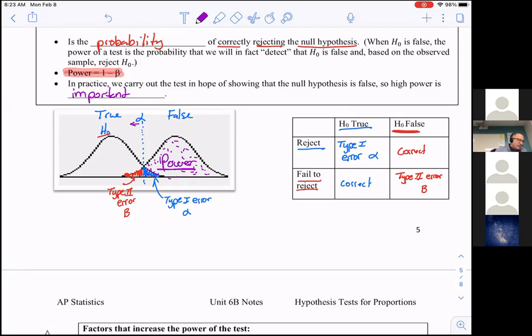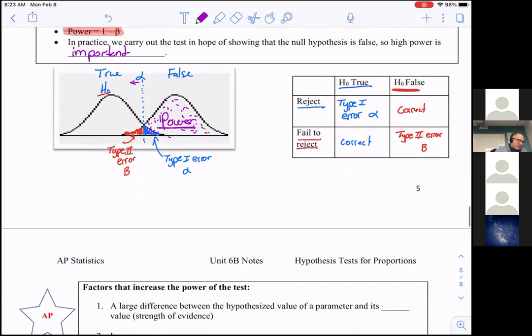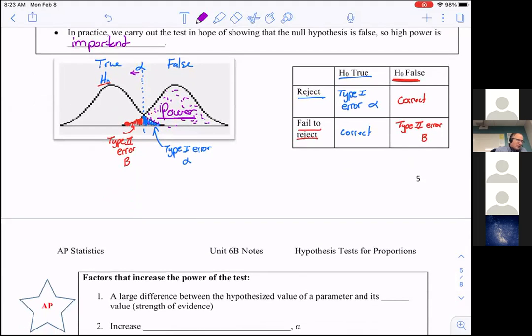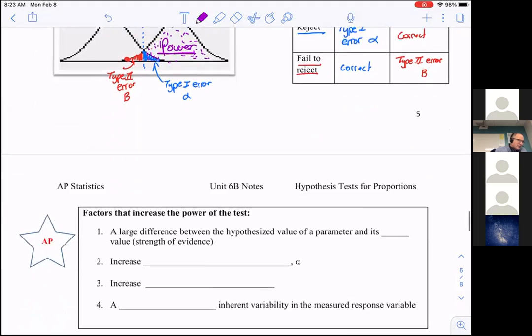That's what I'm after. And again, 1 minus beta is how I do that, but it's more important to be able to interpret it concept-wise.